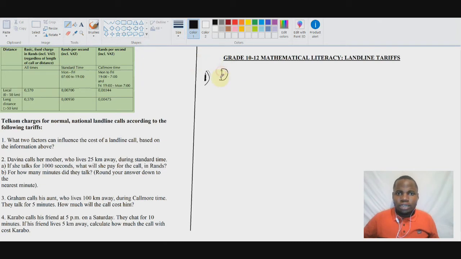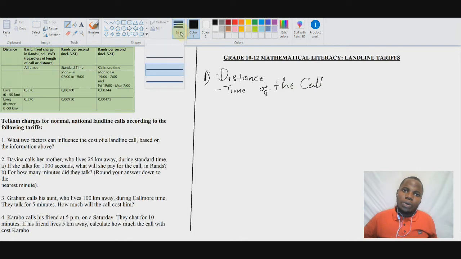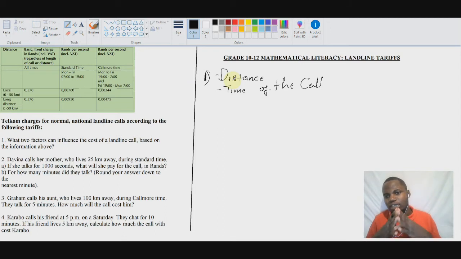Distance is the first factor that influences the cost of a landline call. Number two, remember, is the time of the call, whether you are using standard time or call more time. So the distance and the time of the call are the 2 factors influencing the cost, like I've explained to you.